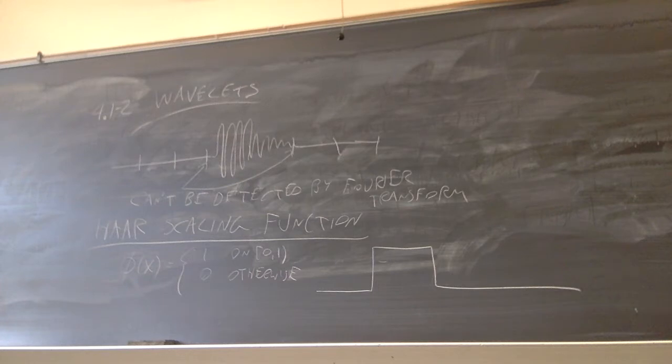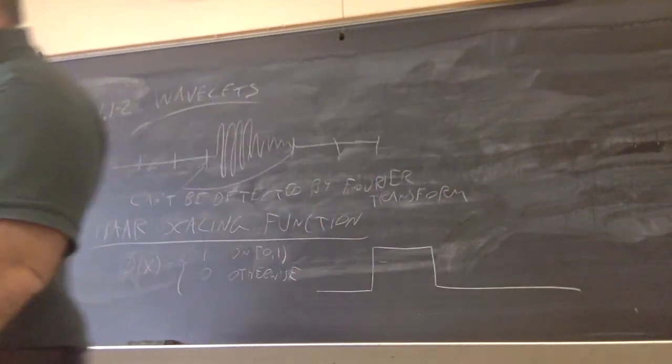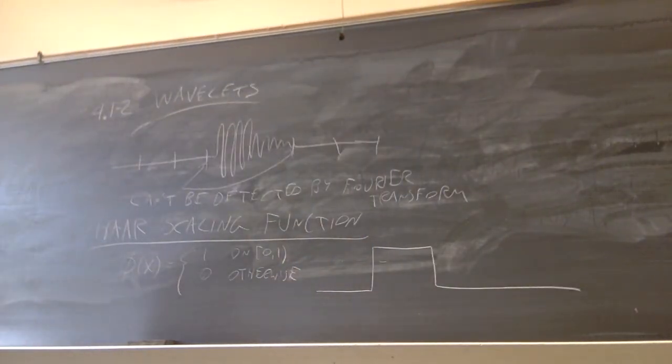So not continuous, unfortunately. It'd be nice to have wavelets that are continuous, and there are families of wavelets that have nicer properties, but they have more complicated formulas. But this is a good starter wavelet, if you will. So what I can do is take this function and take translations of it.